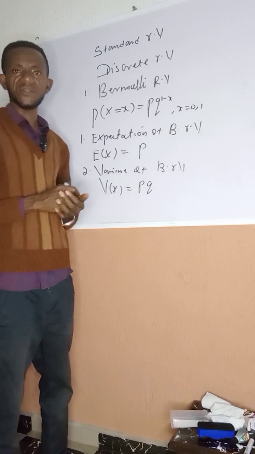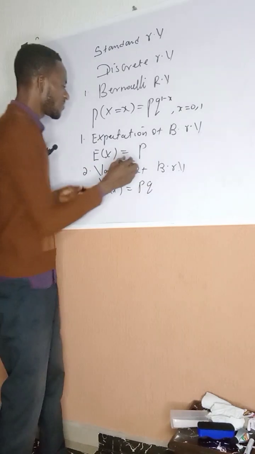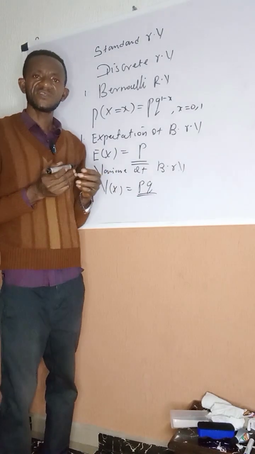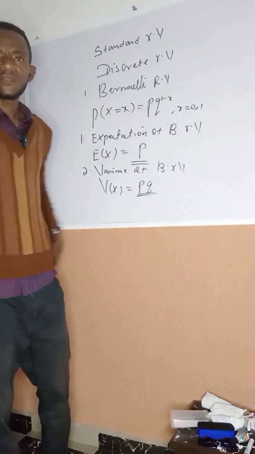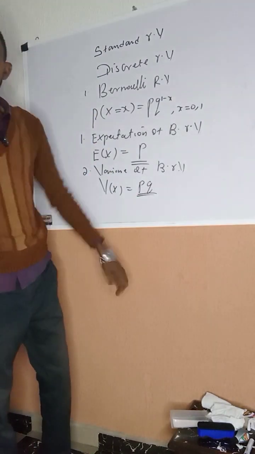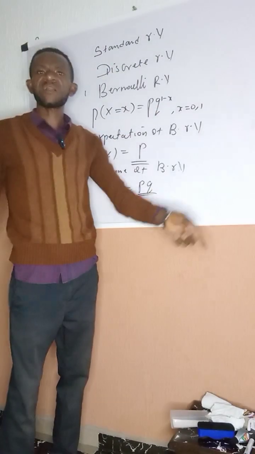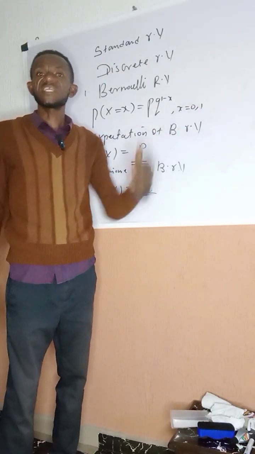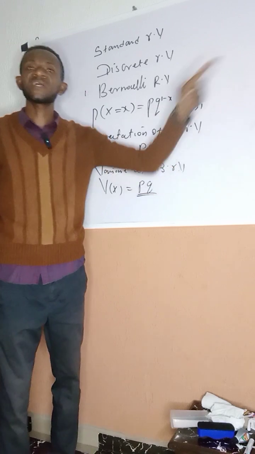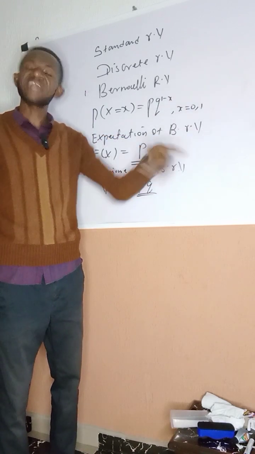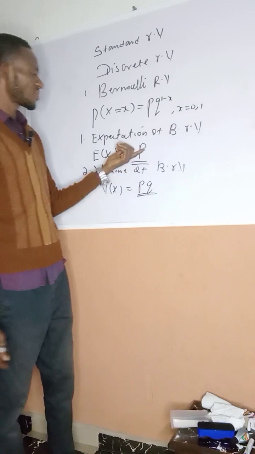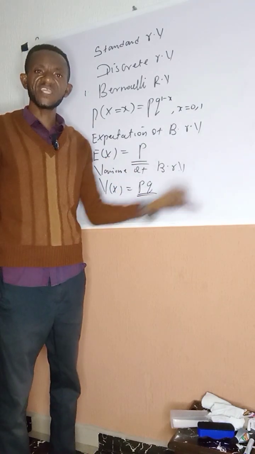These values must be noted in case somebody says, if the probability of success in a Bernoulli trial is 0.3, find the expected value of that Bernoulli random variable and then the variance of that Bernoulli random variable. The moment you record this and this, you will be able to get the answer.